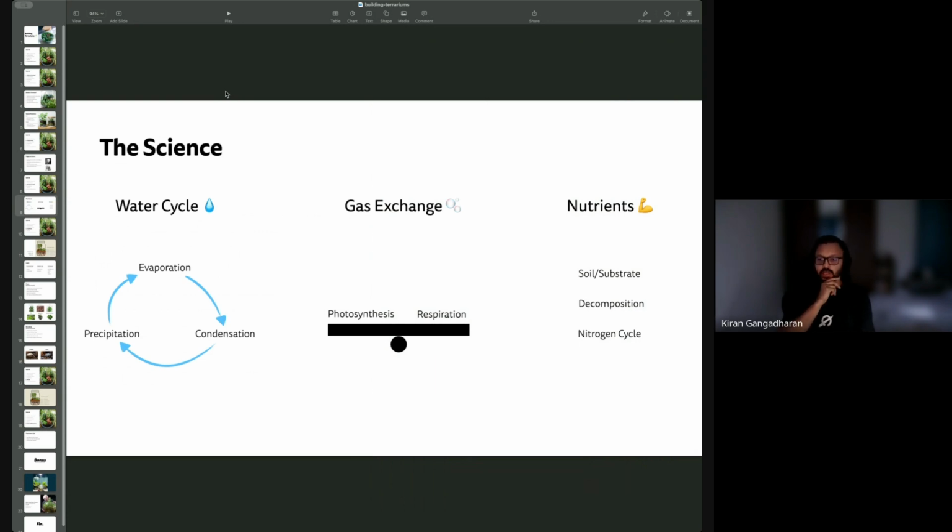What this essentially involves is that plants naturally decay over time. Some leaves and leaf matter and all of those things fall into the soil, and that gets decomposed by the microorganisms within the soil.